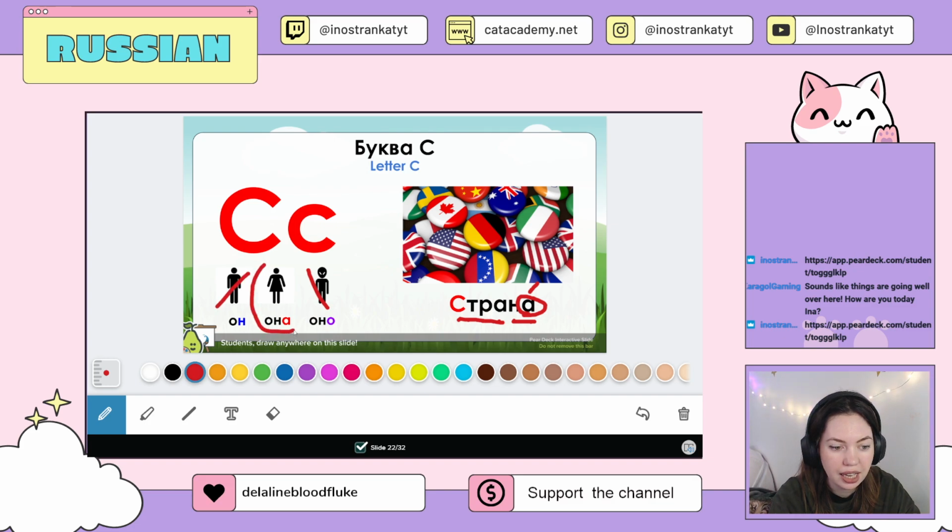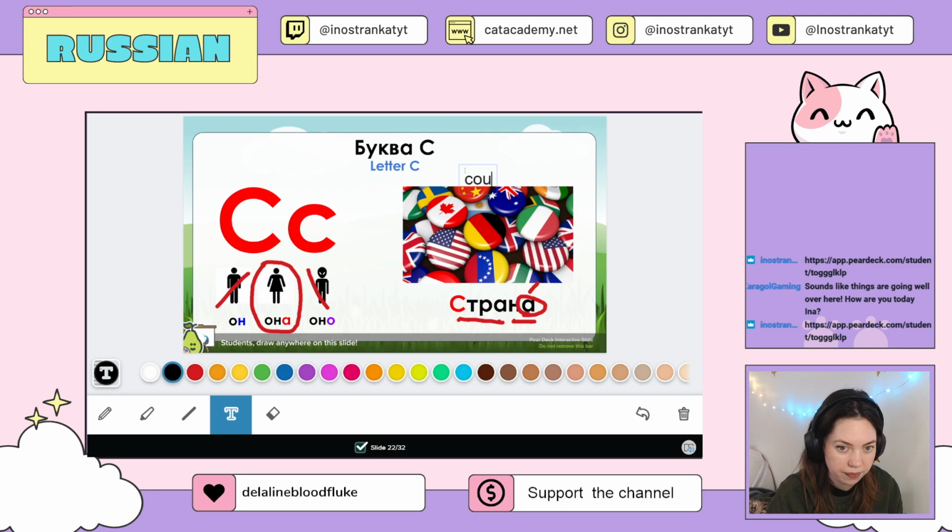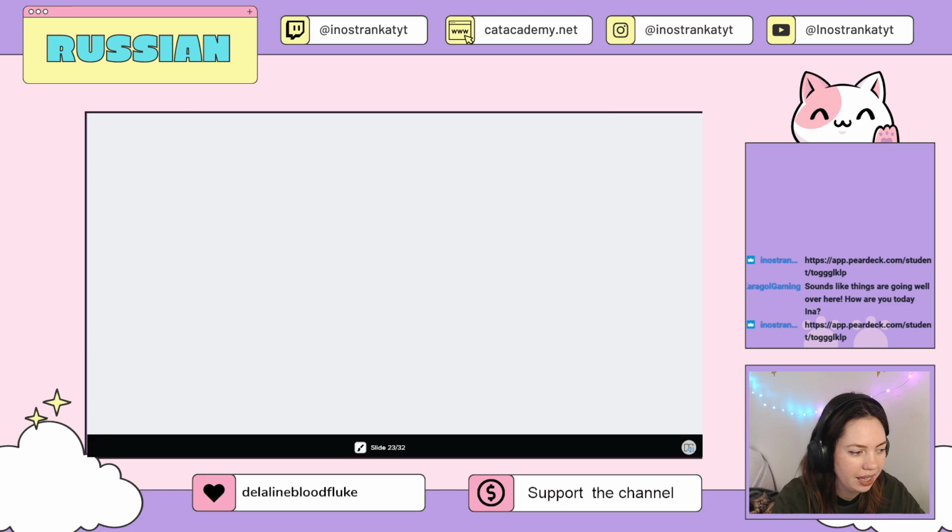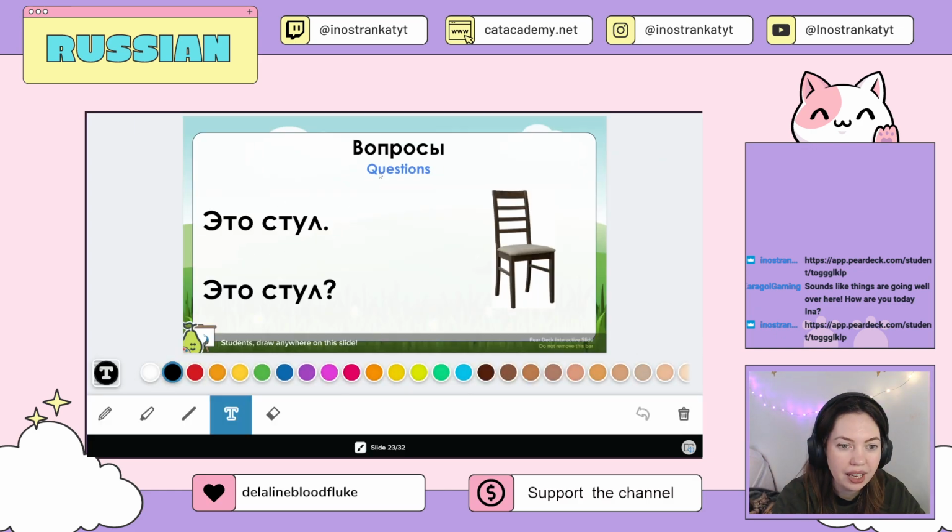It is она. Женский род, feminine gender. Страна means country. That's why we have many different badges with flags. Страна, country.